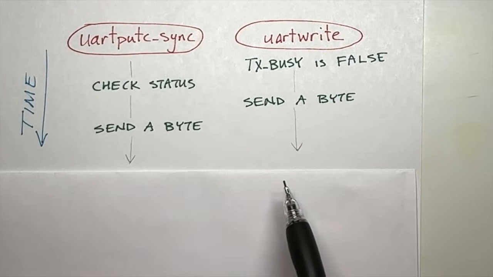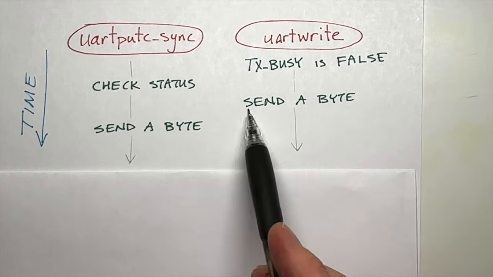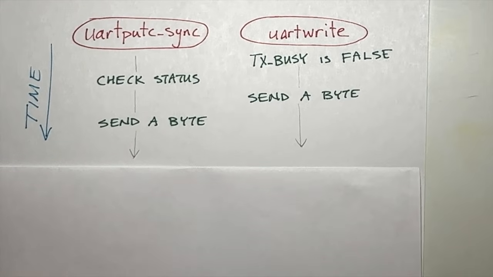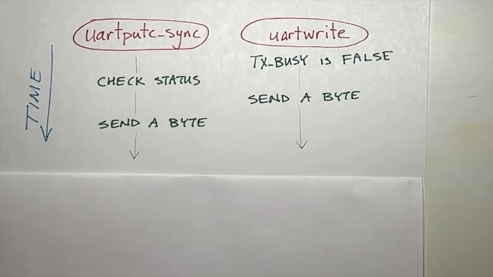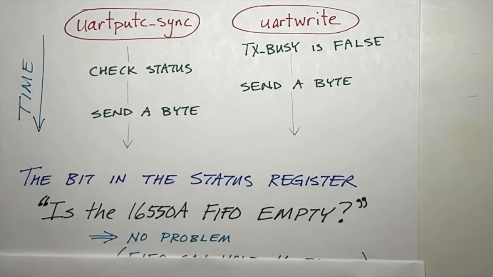But between checking the status bit and writing the byte, the UART write function can sneak in and write its byte first, thereby changing the status before UART putC sync can do its write. But remember, the status bit tells whether or not the FIFO queue is completely empty.